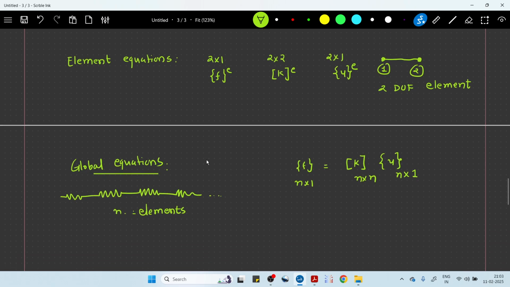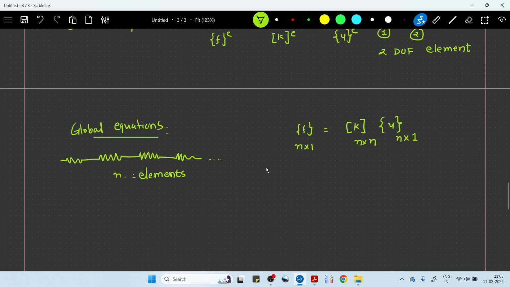So this is the key takeaway: n number of elements means n degree of freedom. Now this complete system is an n degree of freedom system, right?